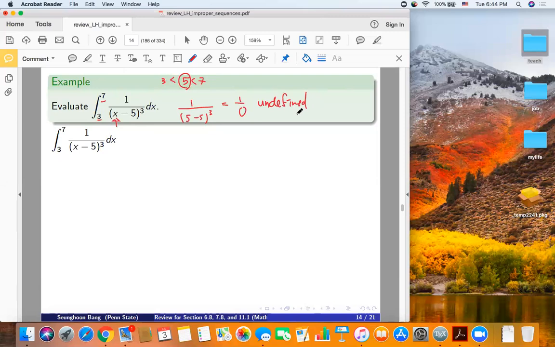So what happens? The function f is discontinuous at 5.